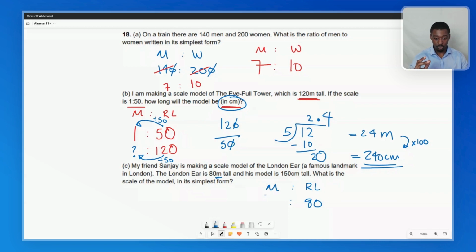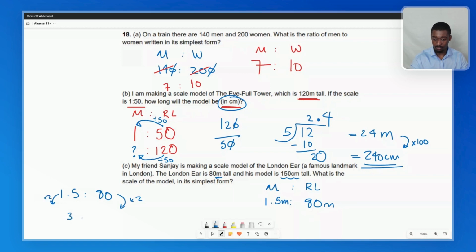In the model, it's 150 centimeters tall, which is 1.5 meters. Now they're both in meters, and we know the ratio is 1.5 to 80. But let's turn that into its simplest form. We have 1.5 to 80. Let's get some more room. Let's first get it into whole numbers by multiplying both sides by 2.